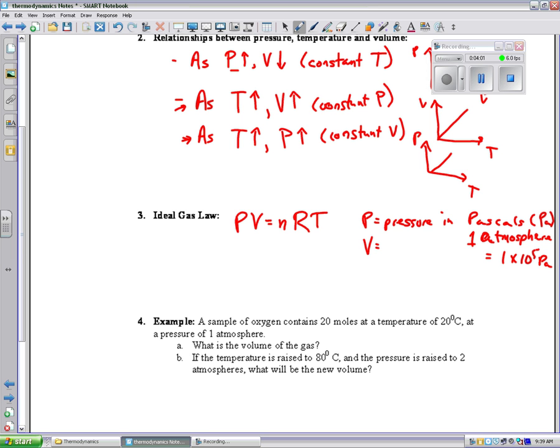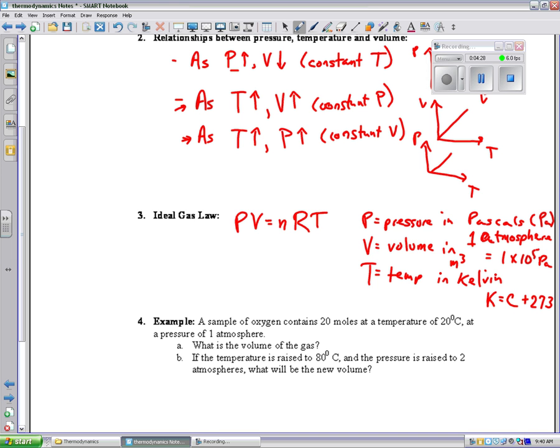V is volume in meters cubed. T is temperature in Kelvin. To convert, we should remember that the Kelvin temperature is the Celsius temperature plus 273.